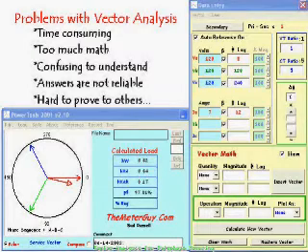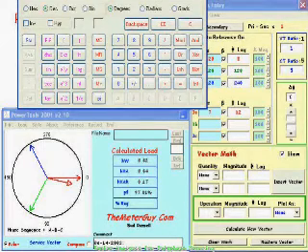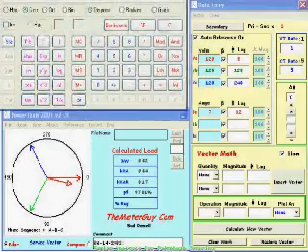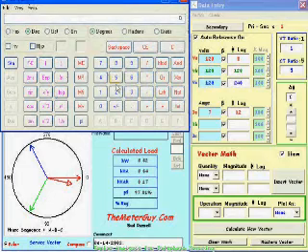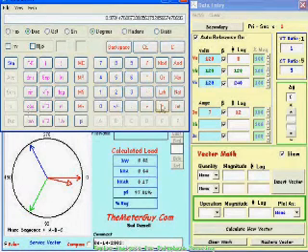Well, let's put this right up here, and we know that we're looking at 120 volts times 7 amps times the cosine of 12 degrees, and that equals 821 watts.